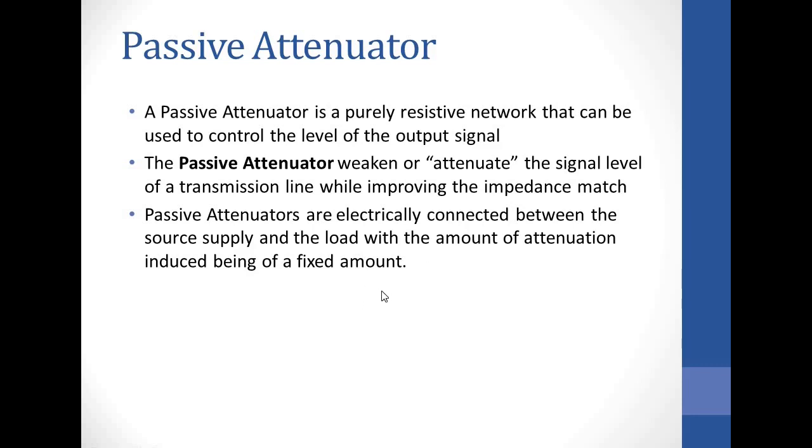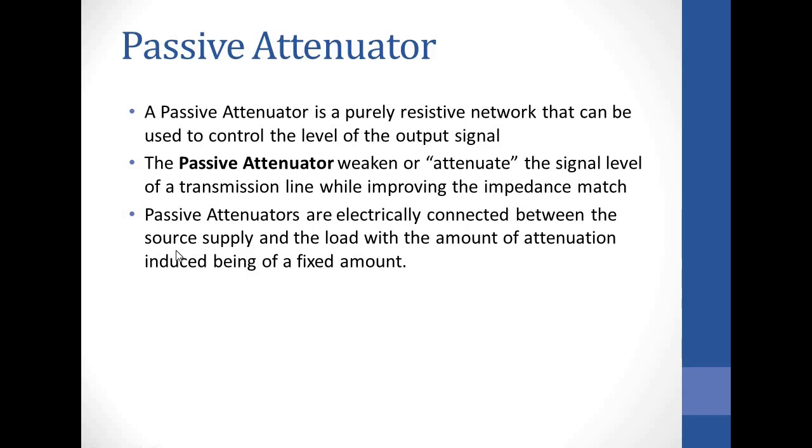Passive attenuators are electrically connected between the source, supply, and the load, with the amount of attenuation induced being a fixed amount. Basically, what we're saying is that an attenuator should have a known attenuation level. So if the attenuation is 20 decibels, we should have that attenuator giving us an attenuation of 20 decibels.